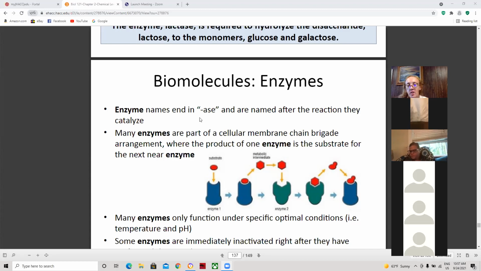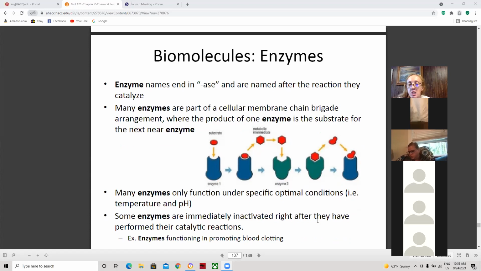Many enzymes only function under specific optimal conditions. Enzymes are things that get easily denatured. Therefore, they need to be under specific temperatures and pH in order to function the way they're supposed to. Your body uses this. For example, the enzymes in your stomach are really amazing proteases, meaning they break up proteins.